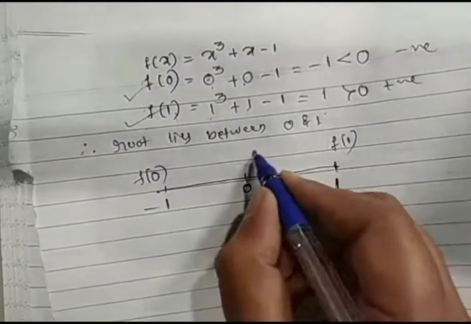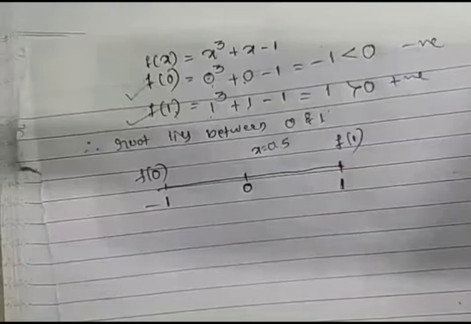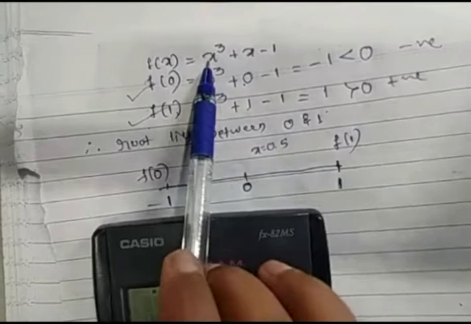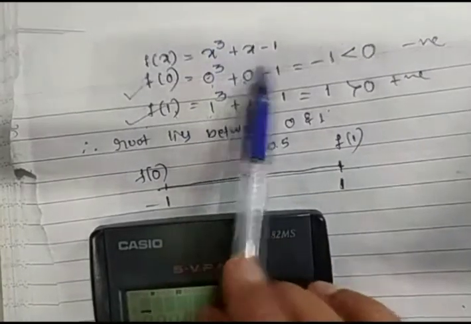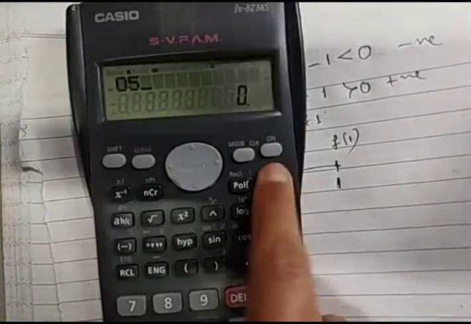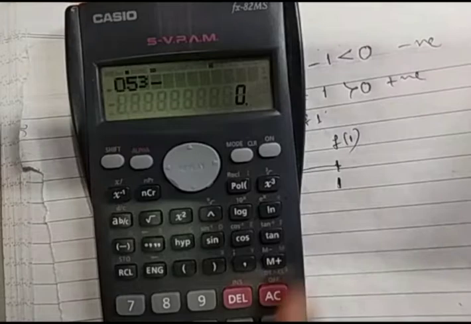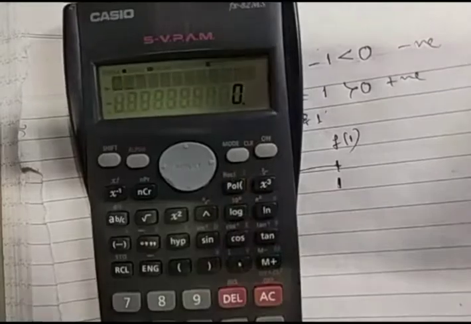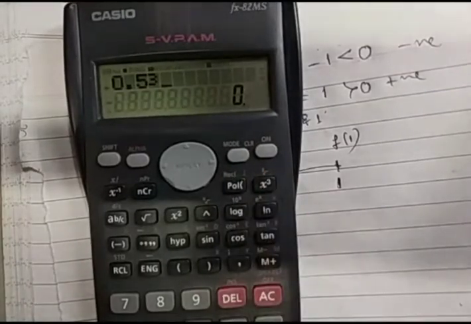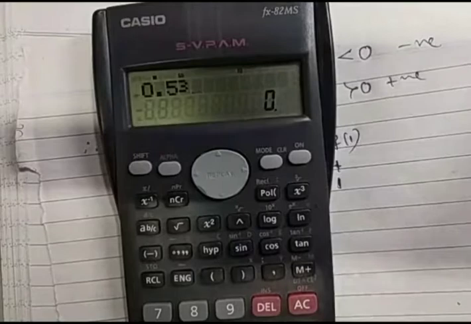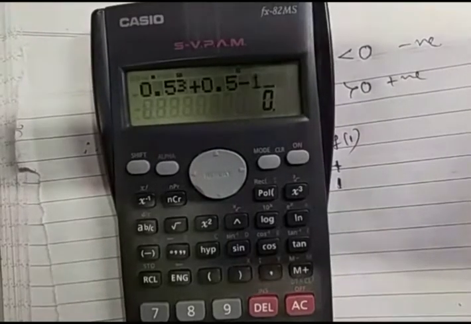When I replace x as 0.5, what can we observe here? It will be (0.5)^3 + 0.5 - 1.